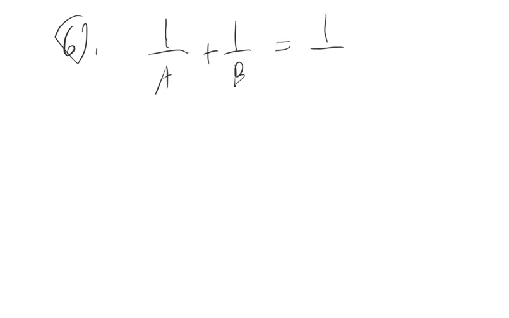So problem 6 is a really important problem called the working together problem. So if two people work together, let's just call them person A and person B, then 1 over the time it takes for person A plus 1 over the time it takes for person B, that equals 1 over the time it takes for them to work together.